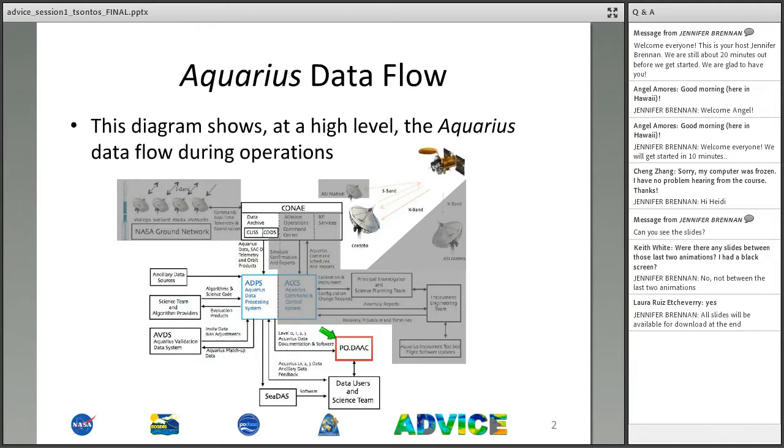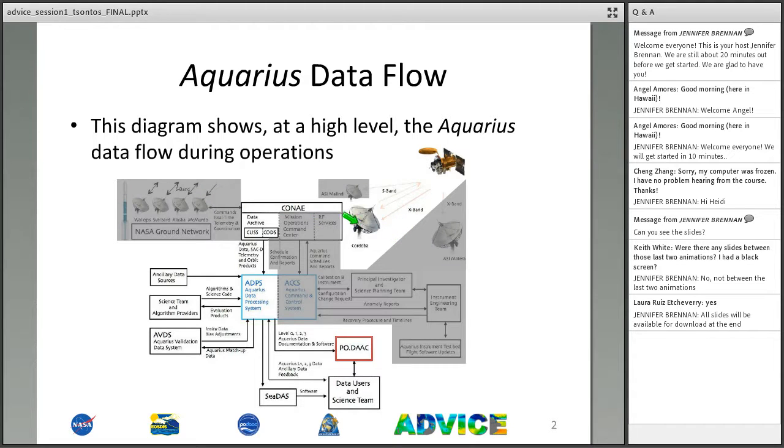Okay, so basically, during science operations, the satellite, as Tony illustrated with those nice animations, was orbiting the Earth continuously and transmitting data to a series of strategically placed ground receiving stations.